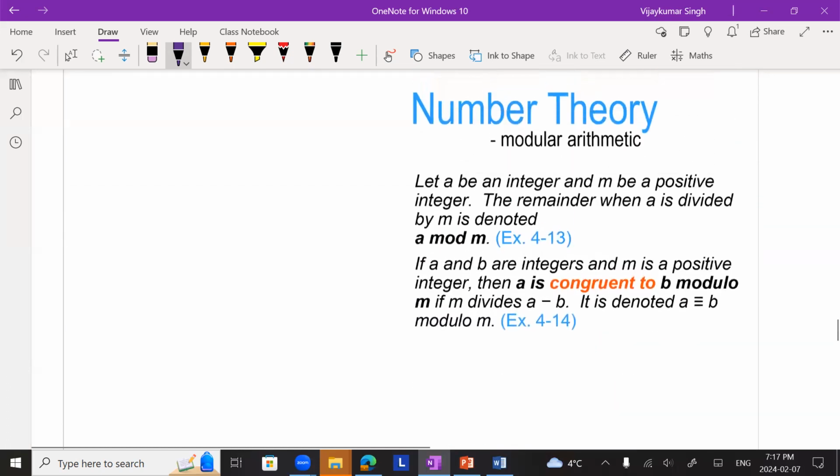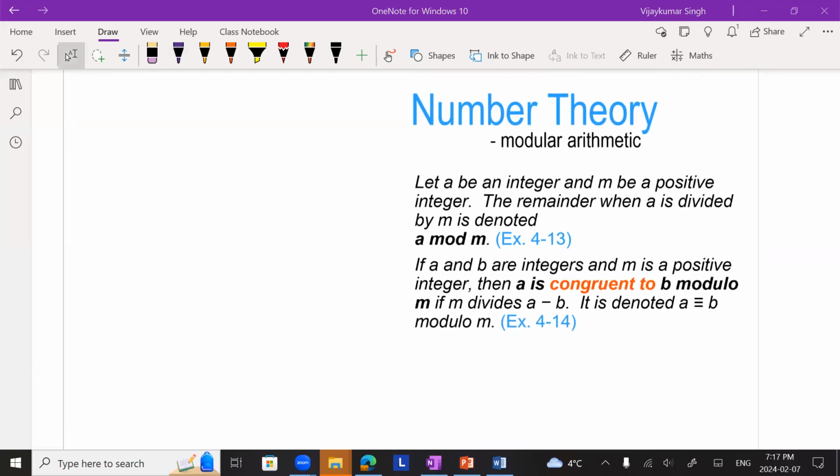So, for example, let's take an example. Let's take 87 is congruent to 15 mod 9.